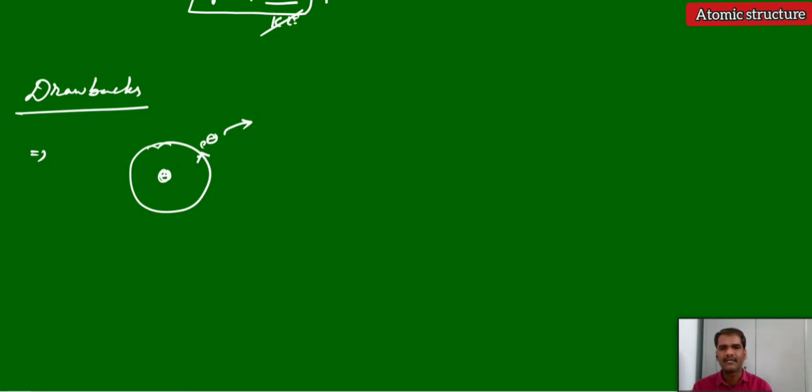Then slowly it will move in a spiral path by losing its energy, and finally it should fall into the nucleus. Then the electron should collapse. If the electron collapses, automatically the atom also should collapse.